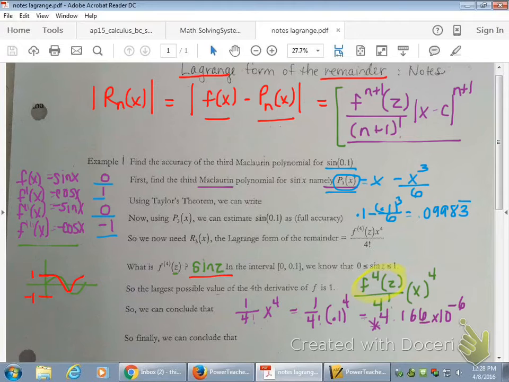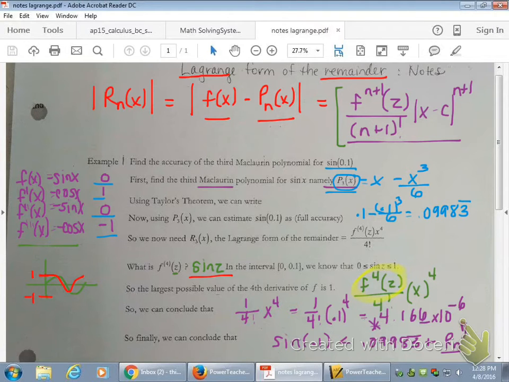So if you write it out, what that means is sine of 0.1 is less than our estimate that we came up with plus this remainder. I'm not going to write it out because I don't have room right there, but plus that remainder. And that's called the Lagrange form of the remainder.